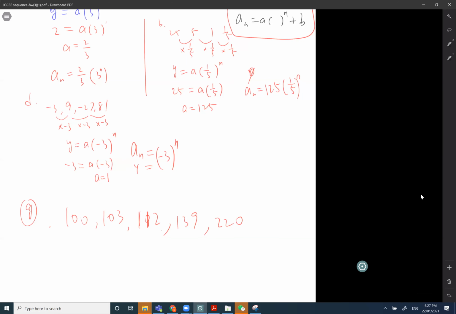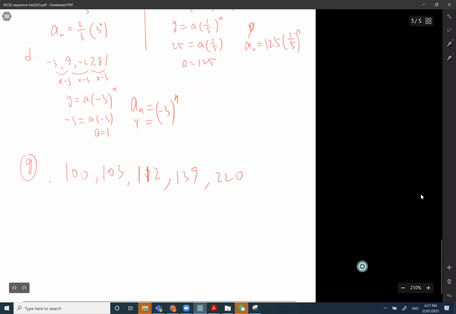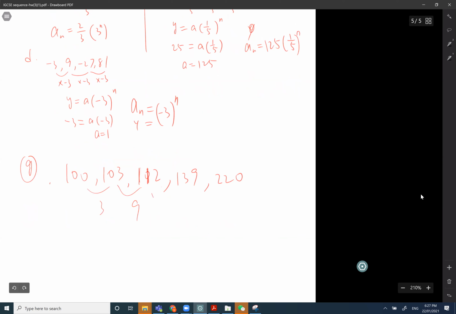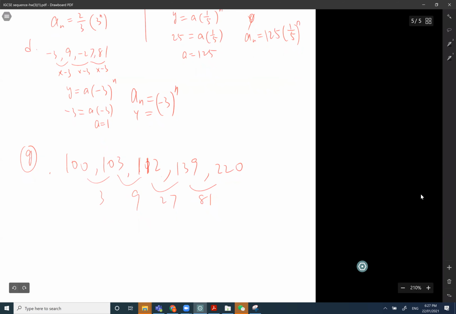Check this one, you should remember. Okay. The difference 3, 9, 27, 81. So for this case, we got y equals a times 3 to the power n plus b.